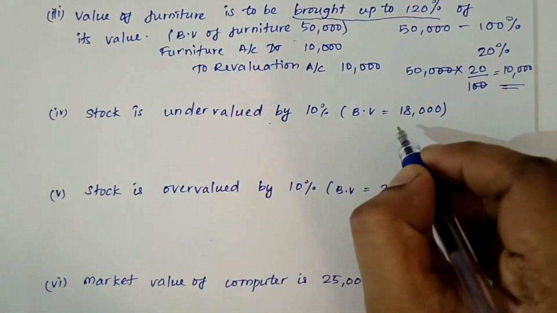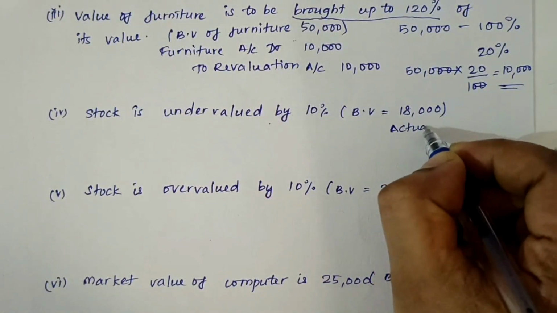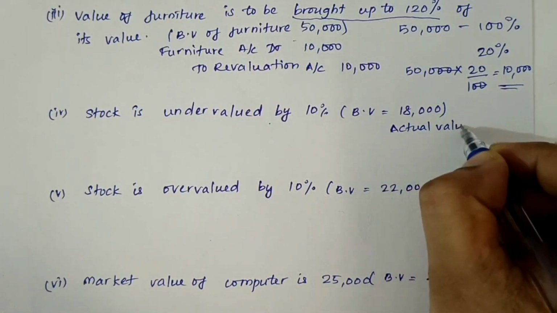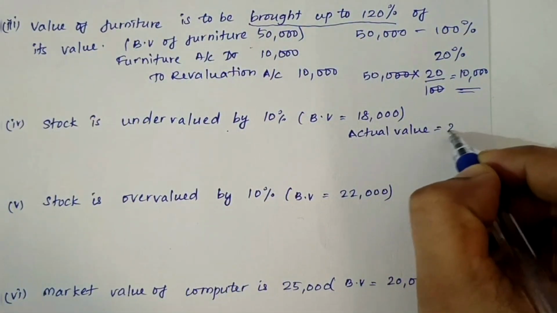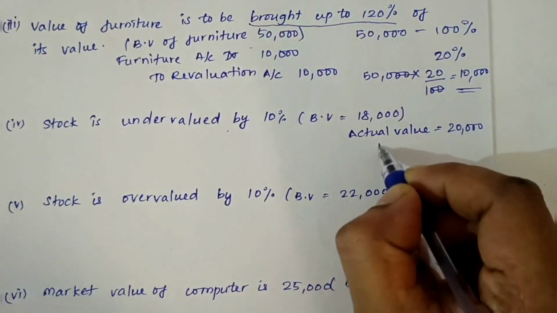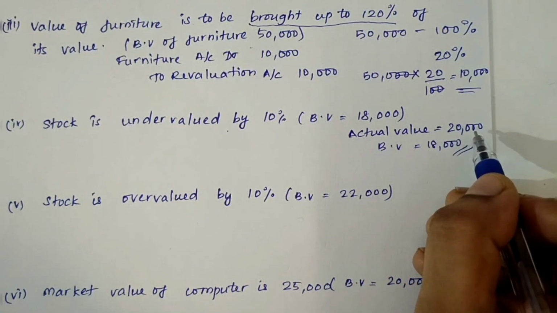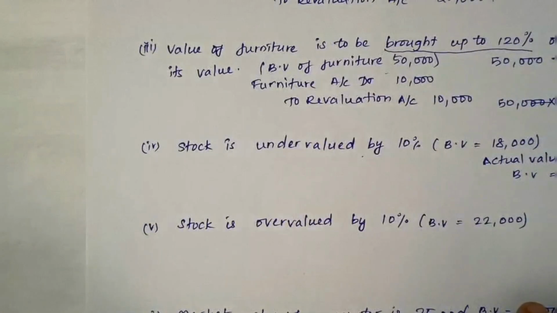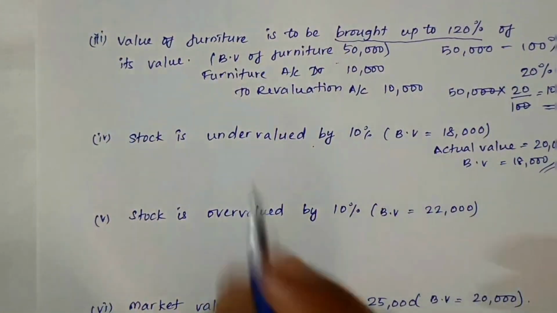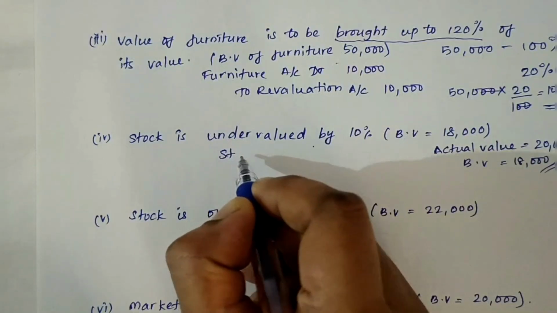The actual value of stock is 20,000 and the book value is 18,000. So there has been an increase of 2,000. Stock is an asset. Increase in asset means it should be debited.